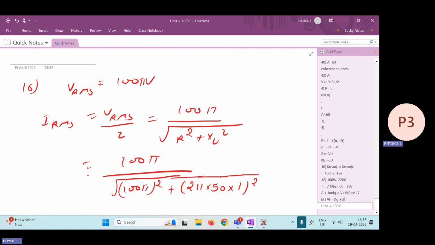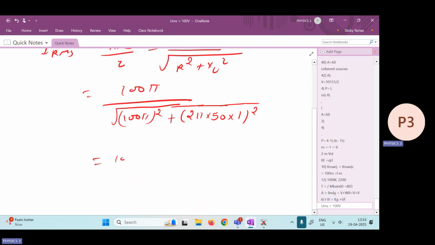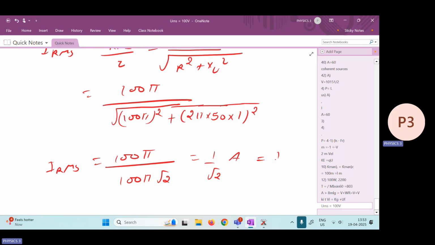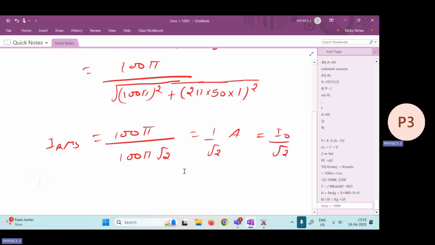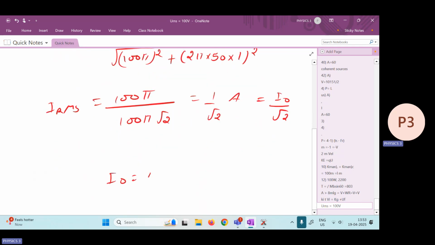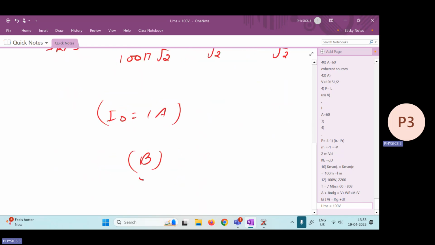See, both will become 100 pi square. So we can write 100 pi upon 100 pi root 2. So that comes out to be 1 by root 2 ampere. As it is IRMS, and IRMS we know is I naught by root 2, the peak value of current upon root 2, so I naught comes out to be 1 ampere. Okay, so option B is absolutely correct in this situation.